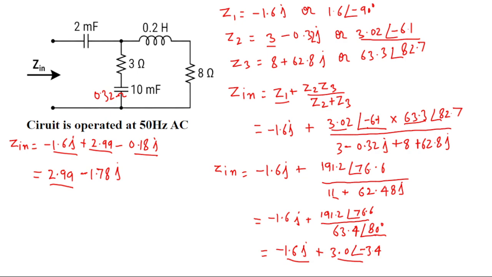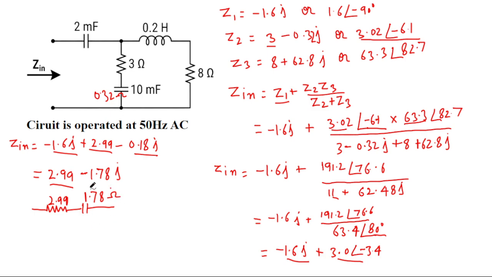So that means this is the equivalent resistance. This can be represented here as a series combination of a resistance and one capacitance, right? So the value of the resistance is 2.99 ohm, and the value of the capacitance is 1.78 into J. 1.78, sorry, not J. This we will be writing right here in ohm, right?